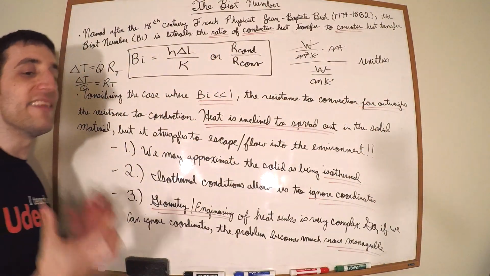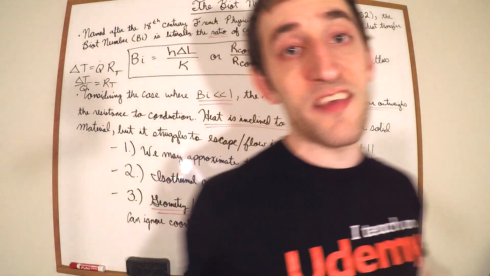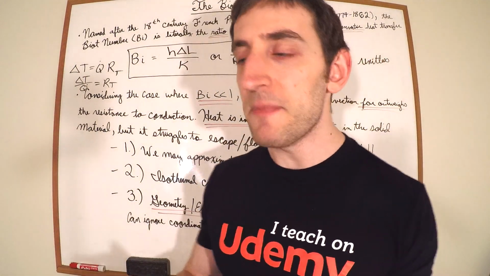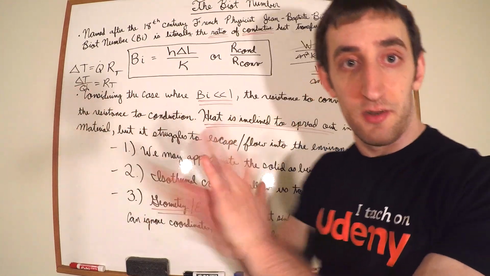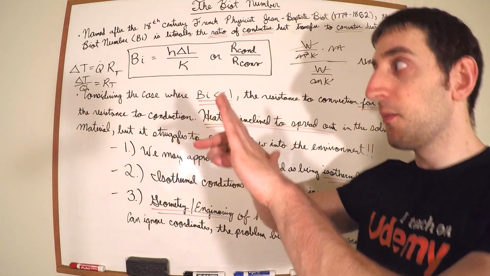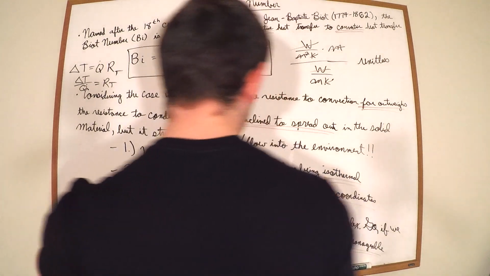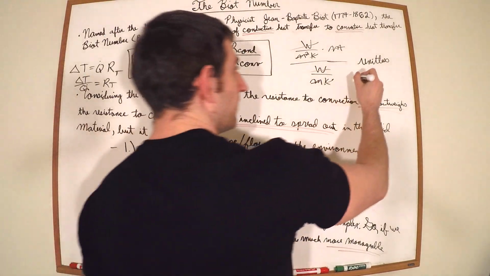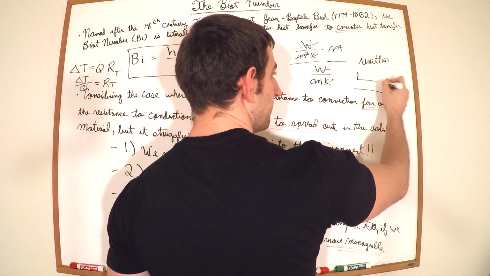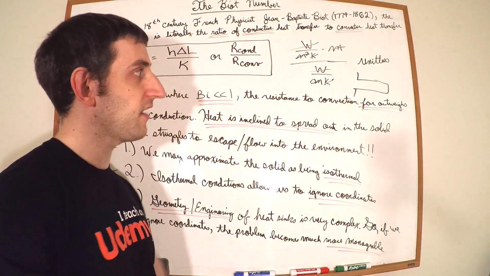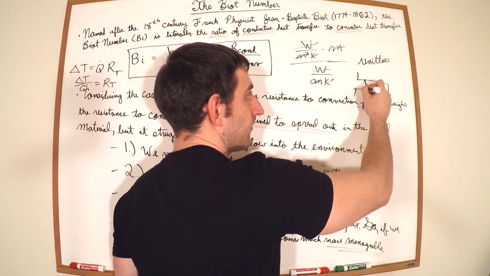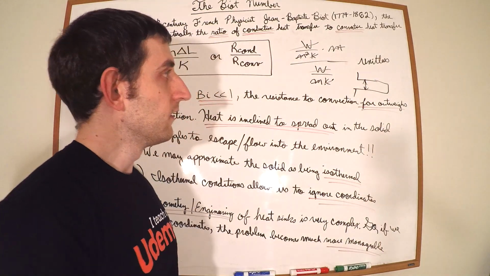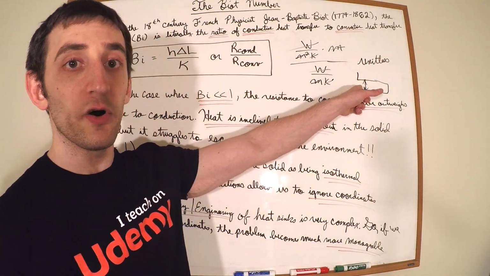So if we can assert that a material is isothermal, that means that maybe there's only flow of heat in one direction. Let me draw up a picture here. If we have some kind of fin, hint, hint, and it's isothermal in, let's say, this direction here, well, we can eliminate that coordinate.